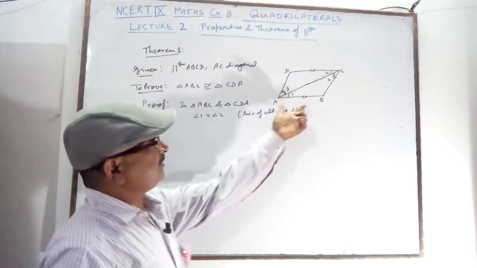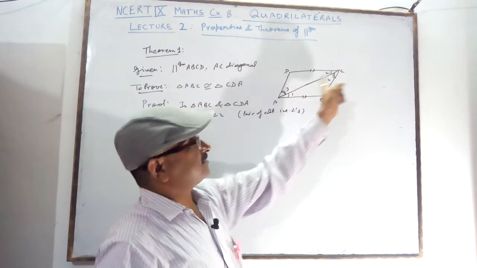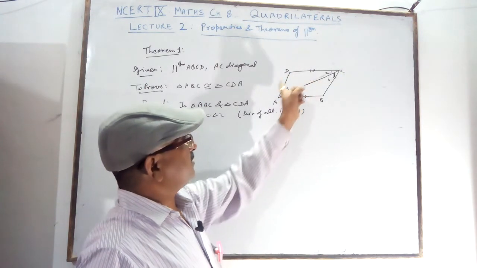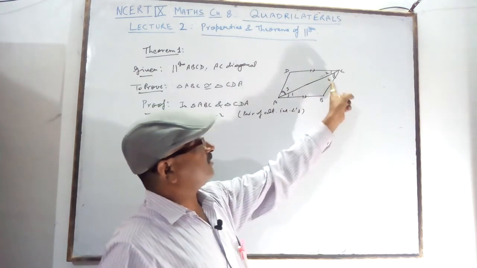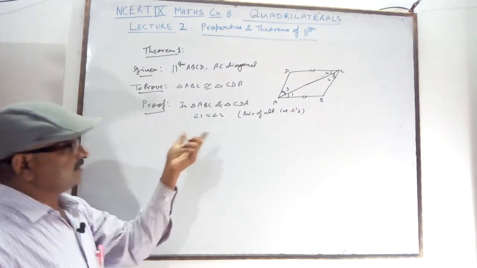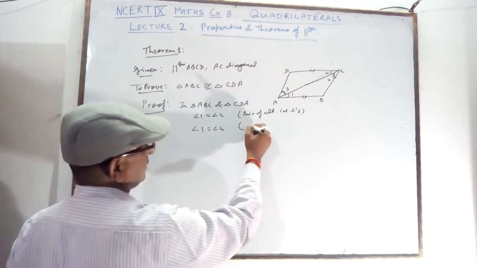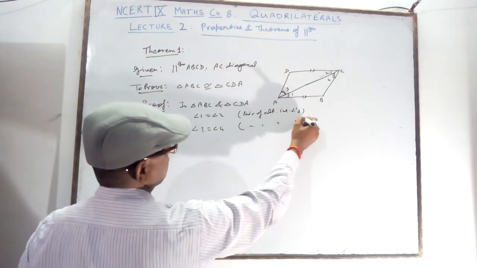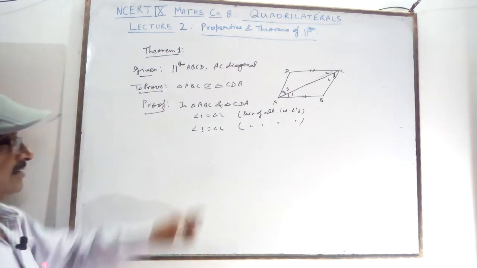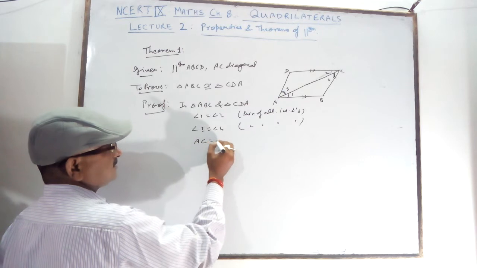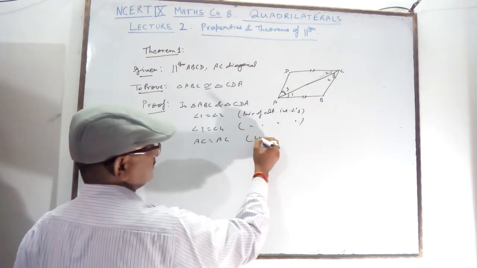Why? Here AB is parallel to CD and AC is the diagonal transversal, so angle 1 equals angle 2. Similarly AD is parallel to BC, so angle 3 equals angle 4, again a pair of alternate interior angles. AC is equal to AC. Why? This is common. You know very well.